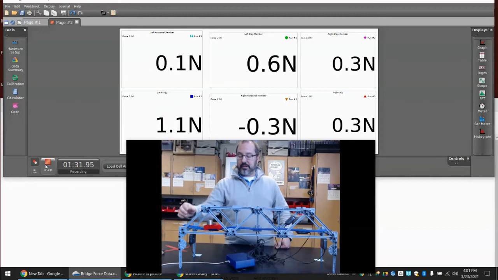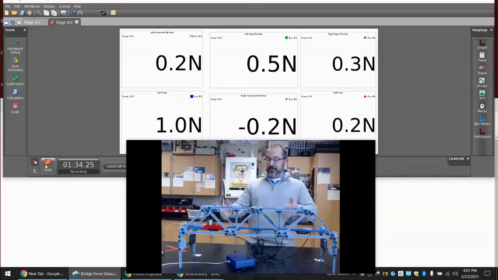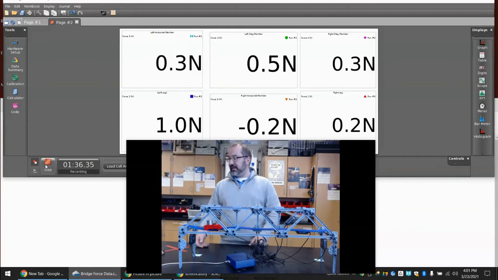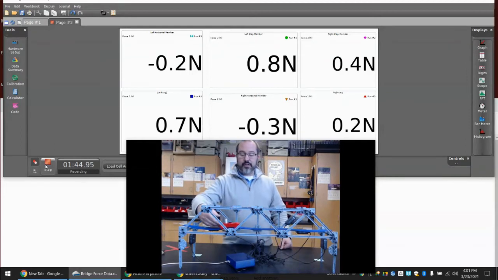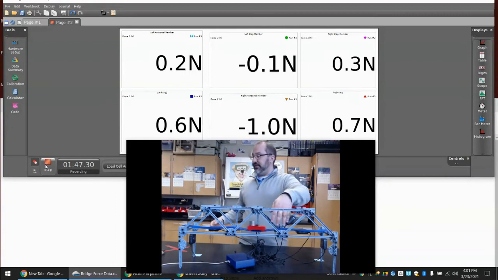When I place it right in the middle of the first section, you can see that the bottom left data has a force on it of 1 Newton. As I move this across, the force is equally distributed between the left and the right.